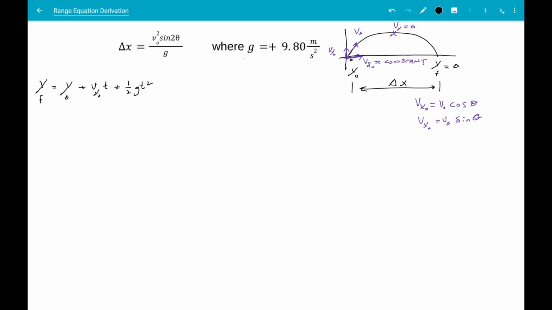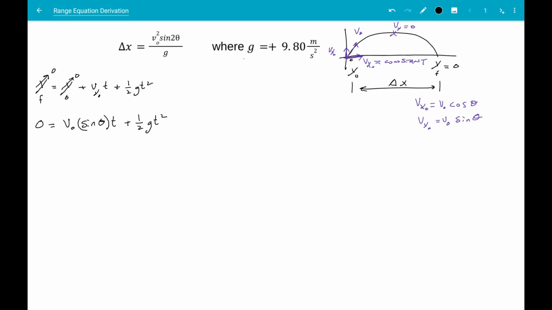So far good. We know that the y's are going to be equal to 0. So 0 equals v naught sine theta, plus, I forgot the t, so let's put that in, t plus 1/2 g t squared.